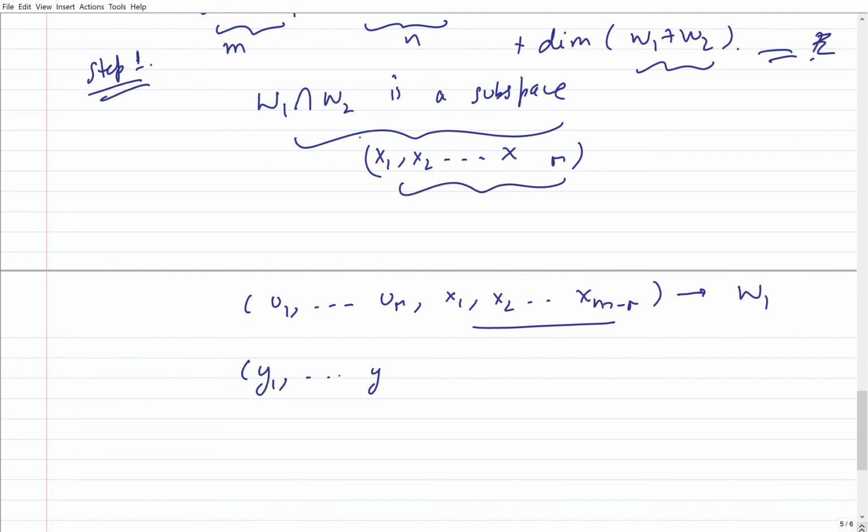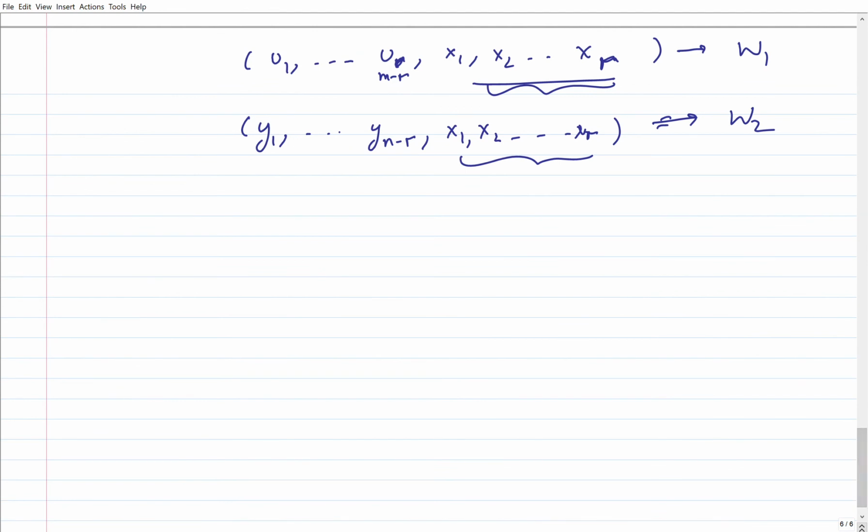These are the r elements of the basis. I'm messing up my notation a bit, it is different from the book, but I'm just extending the bases as these. So this would be a basis for W1, and this is going to be a basis for W2. These were the common things. I extended these bases. This is the basis for W2.